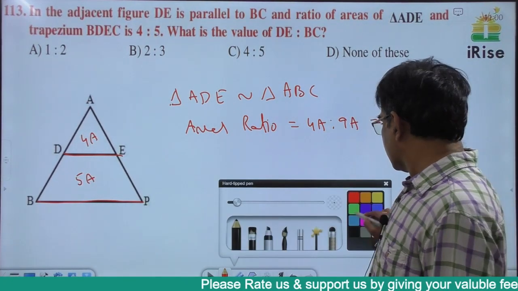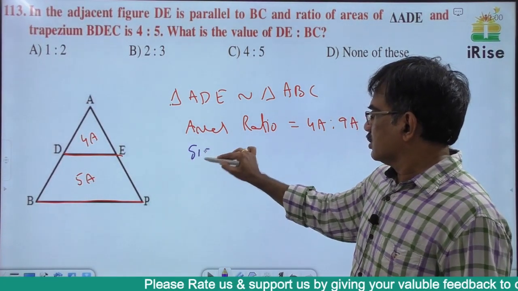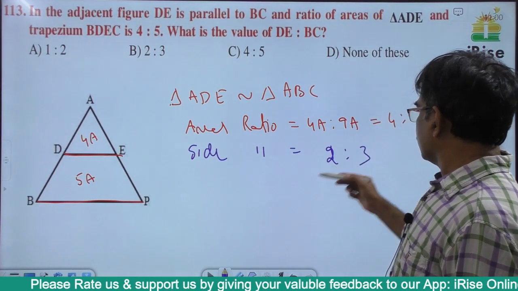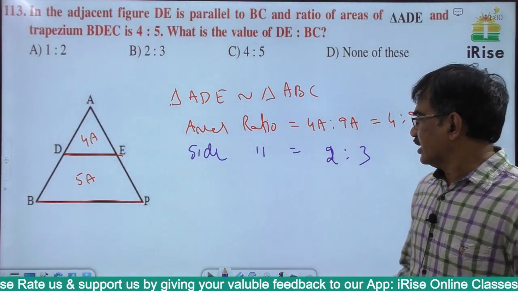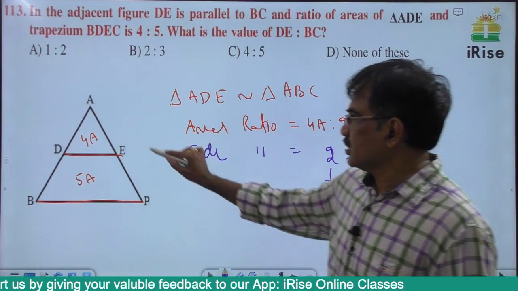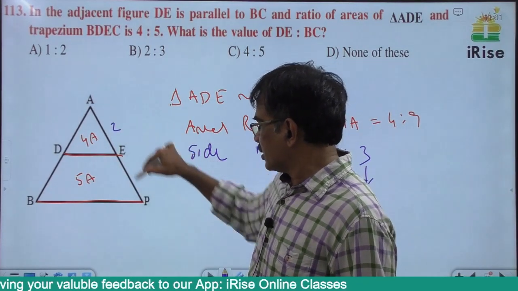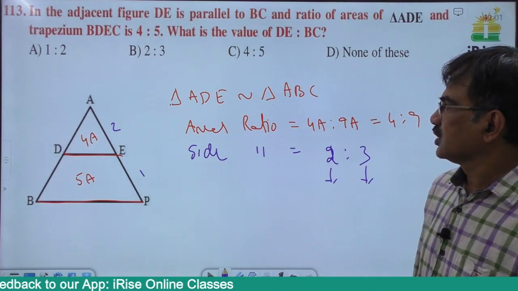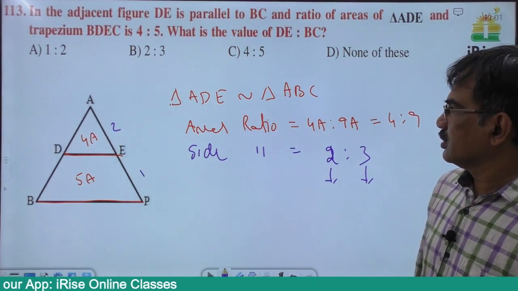Then what about sides ratio? Sides ratio simply 2:3. Side of small triangle 2 parts, side of big triangle 3 parts. So if this is 2 parts, this is 3 parts totally, means 1. Okay.